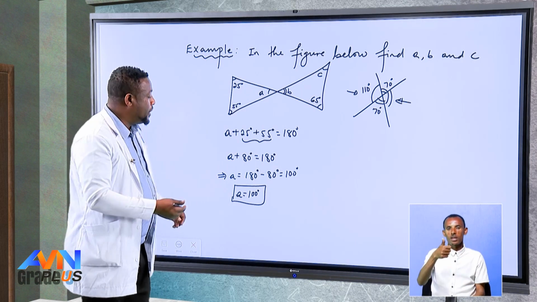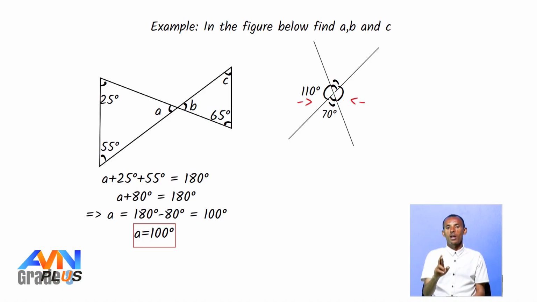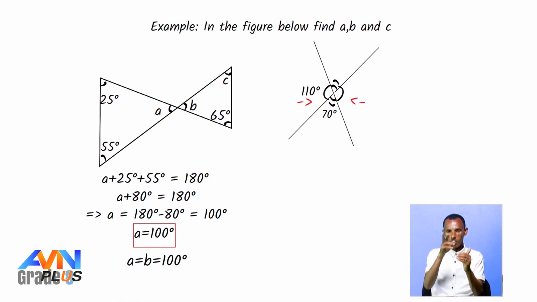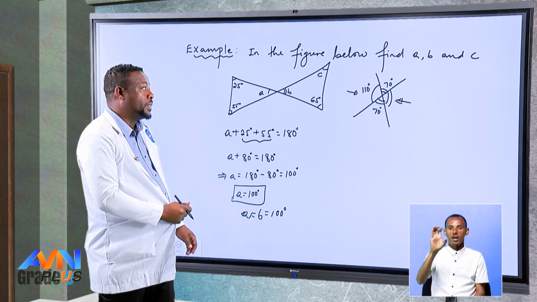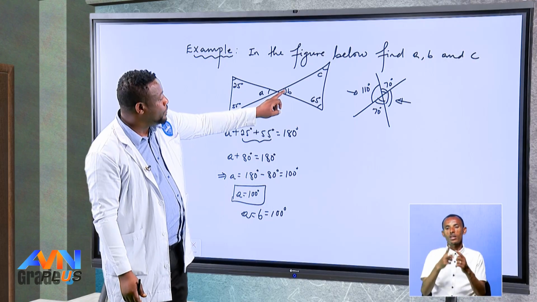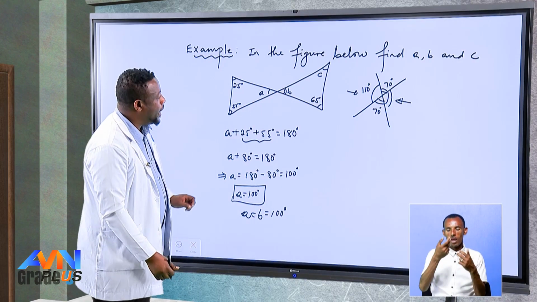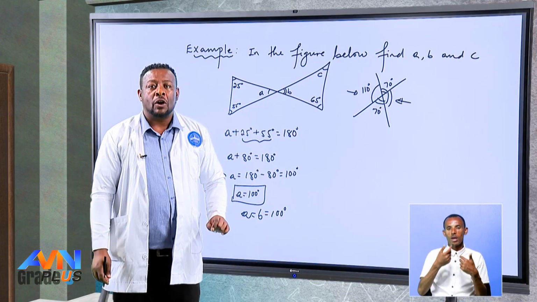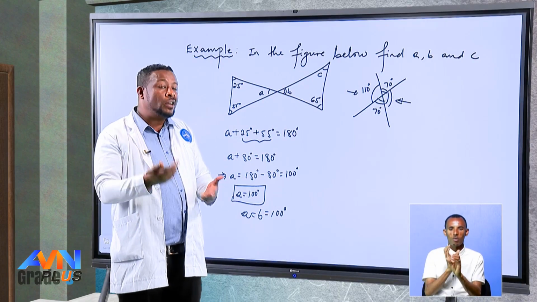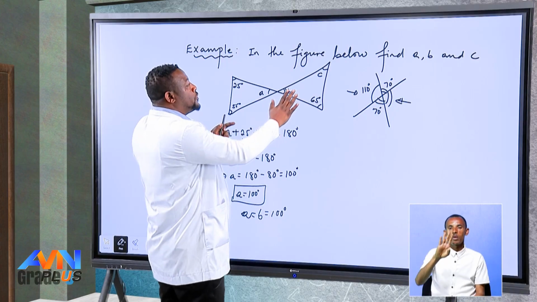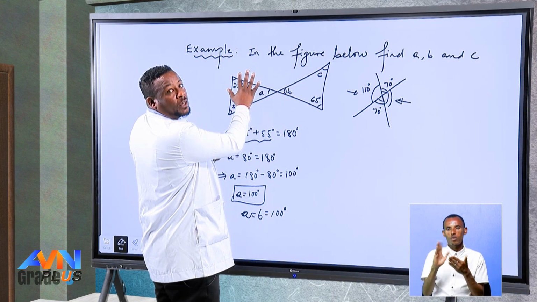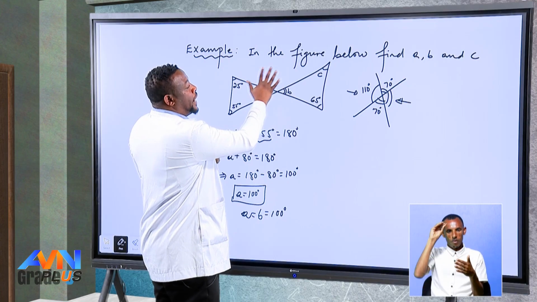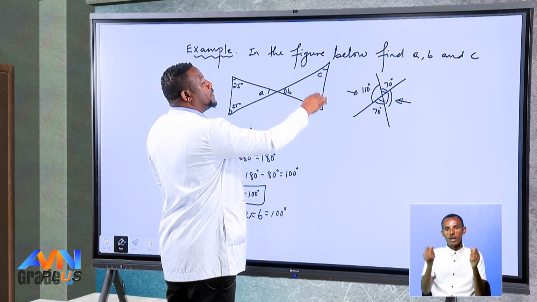Angle A and B are the same. They are vertically opposite angles. Now we have B, we have A, what is left? C. Okay, to calculate the value of C, ignore the first triangle in the figure, forget this part, and consider only this part of the triangle.